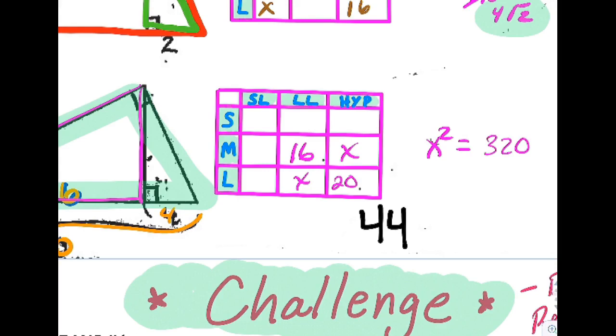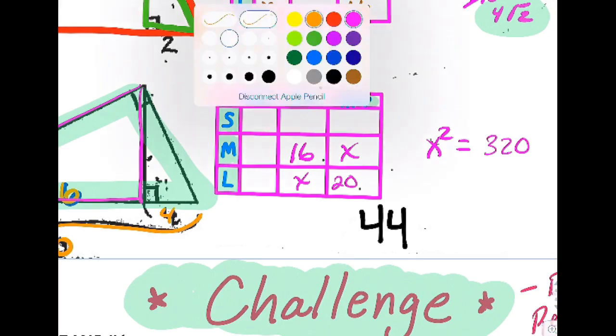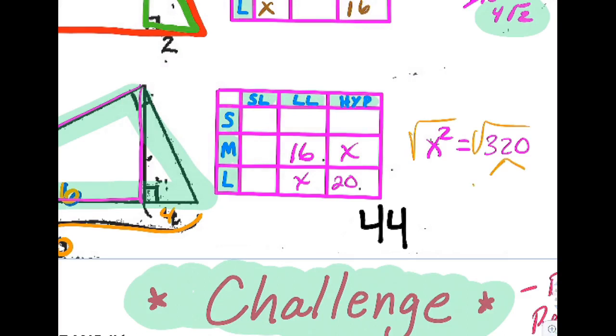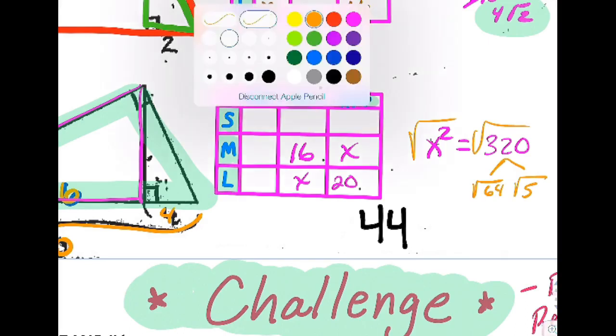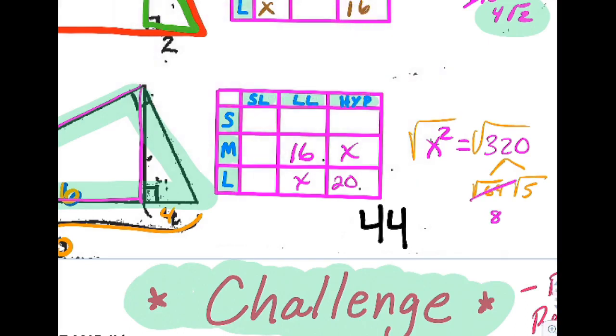You can do that on a calculator. So 320 is not a perfect square, but when we break down the square root of 320, we have to find a perfect square that goes into 320. Just use your calculator. Divide them all by different perfect squares. This is a big one. It actually comes out to be 64 and 5. 64 times 5 is 320. Who would have known, right? So the square root of 64 is 8, radical 5.